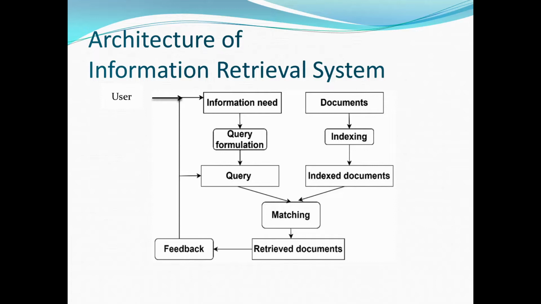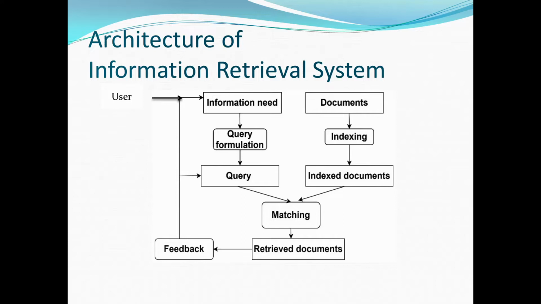Information retrieval systems allow users to submit their information requirements in the form of query. The query has lot of keywords and these keywords are used to find out the relevant documents. Information retrieval systems maintain a huge collection of documents.